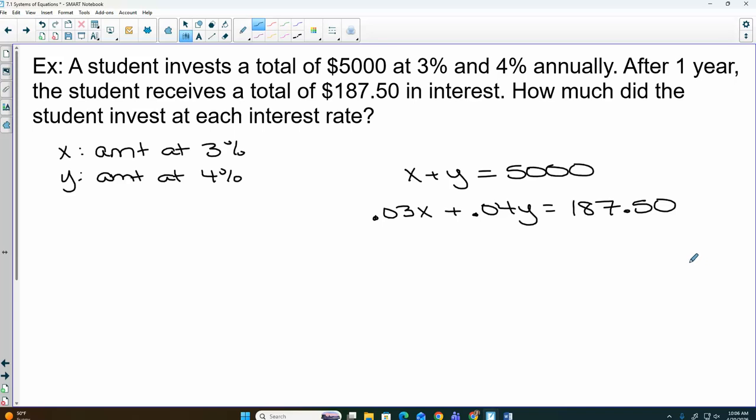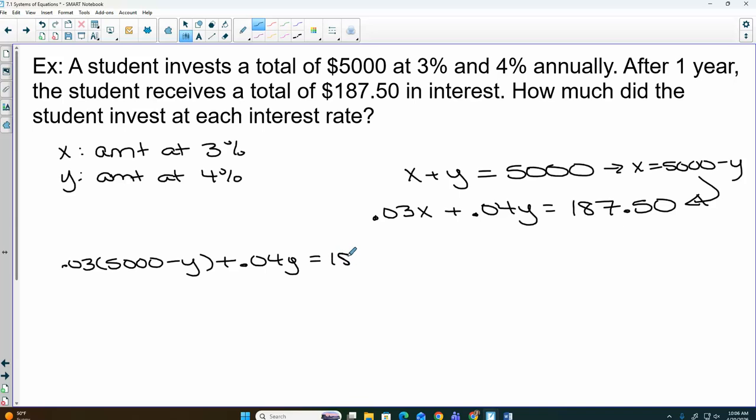All right, how do you want to solve this one? Okay, so we can take the first one and solve for x. Set that into the second. 0.03 times 5,000.